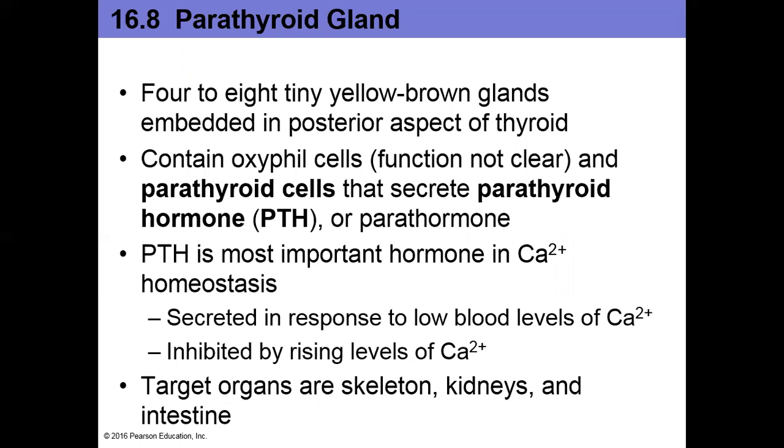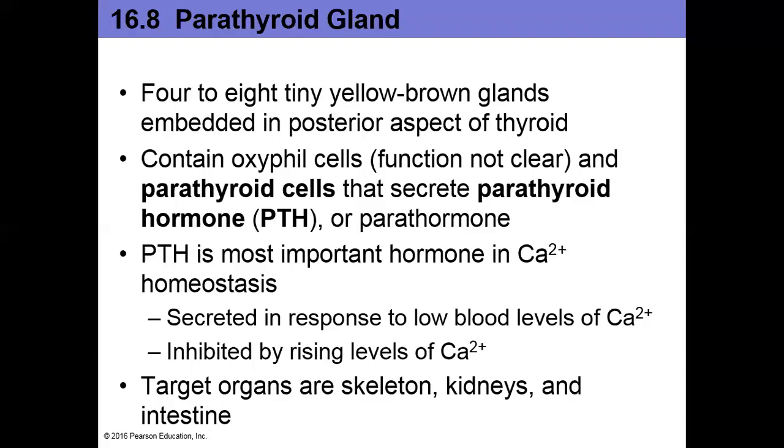So we talked about calcitonin and we talked about thyroid hormone being released from the thyroid gland. Now we move to the parathyroid gland. Parathyroid gland releases parathyroid hormone. We've already talked about it. Parathyroid hormone is one of the most important hormones as far as calcium regulation. It's a big deal. It's going to be secreted in response to low calcium.